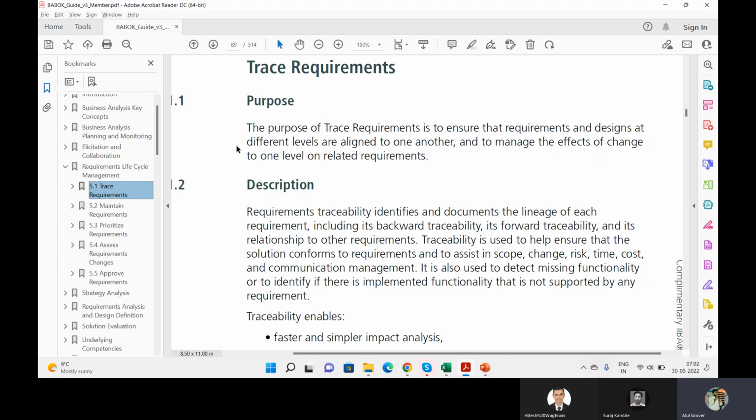Means what you're tracing. Sorry, in the tracing, what you're saying is that I am having a requirement, and other users also have a requirement. Then to make sure that these two are aligned, and I should be able to manage the effect of one to the other, or one level to another level.